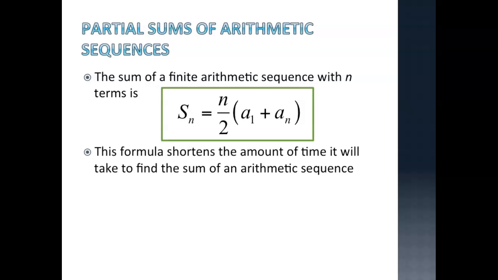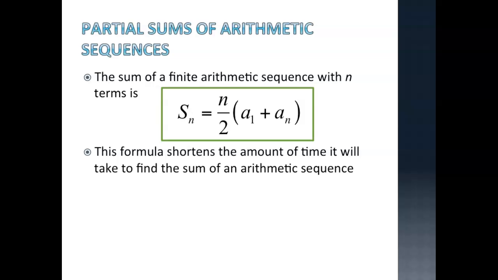So what's nice about this formula is that it shortens the amount of time it will take to find the sum of an arithmetic sequence. So last time we looked at some sequences. Some of them may have been arithmetic, but not all of them. But we had to find each term, and then after you find each term, then you can add them all together.